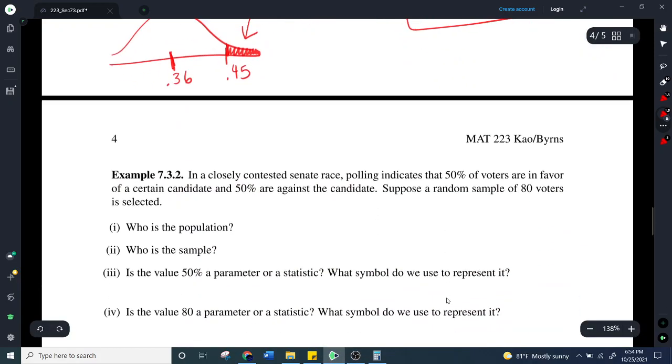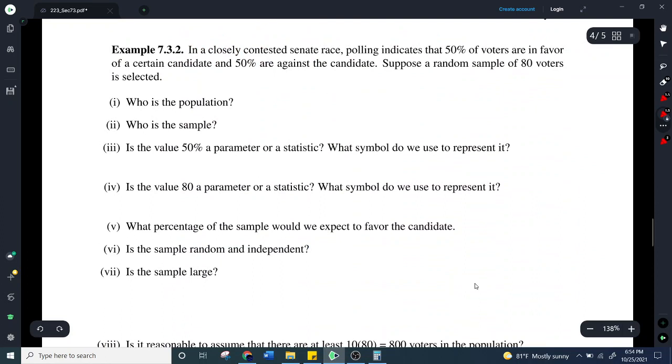All right, let's look at the next example. In a closely contested Senate race, polling indicates that 50% of voters are in favor of a certain candidate and 50% are against the candidate. Suppose a random sample of 80 voters is selected. Who is the population? So our population in this case is going to be everybody that's voting in the district, right?